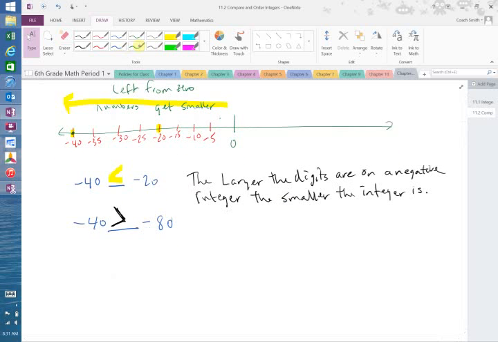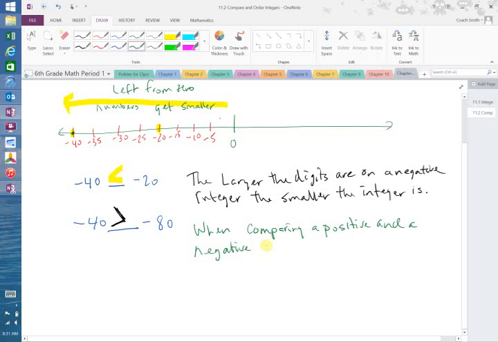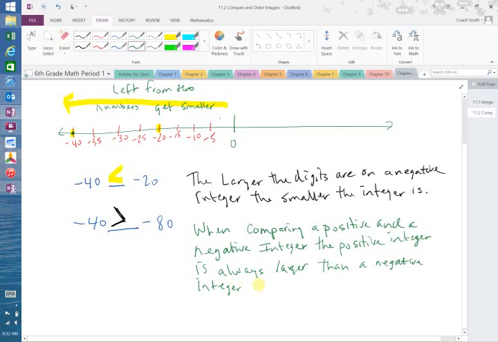Okay? When comparing a positive and a negative integer, the positive integer is always larger than a negative integer or 0.